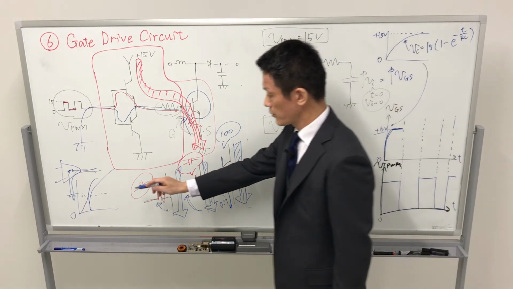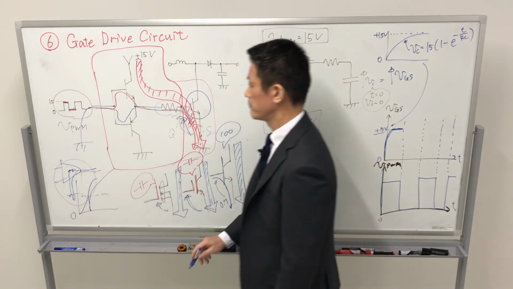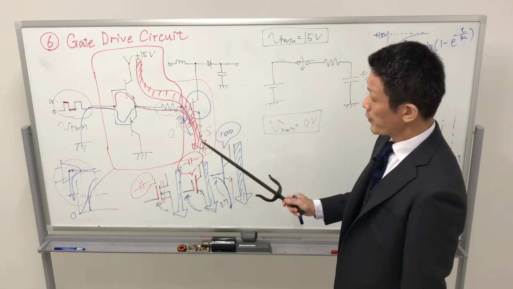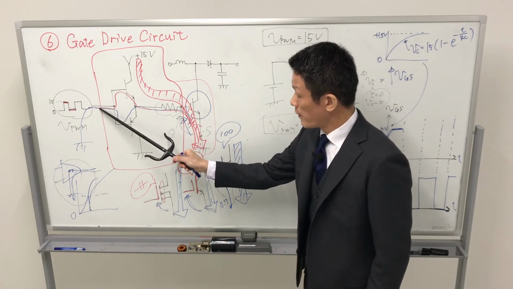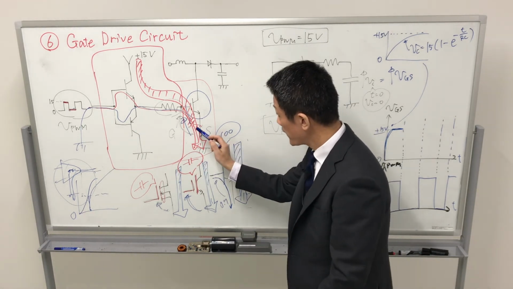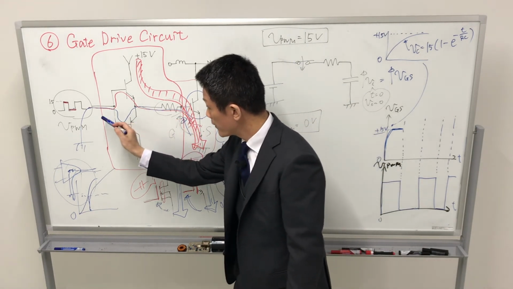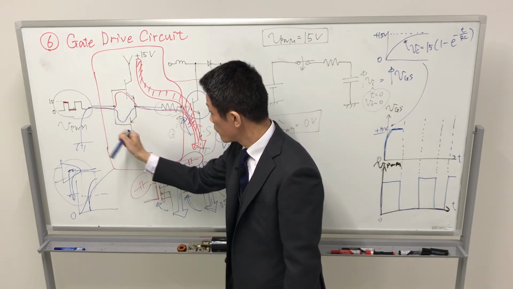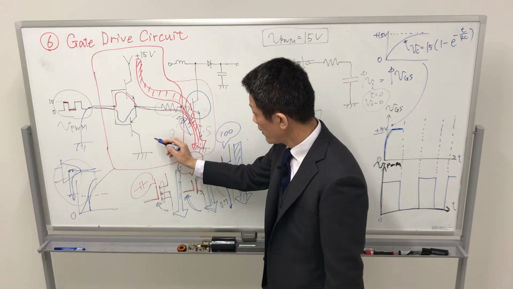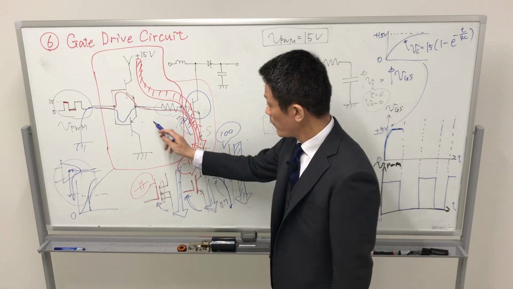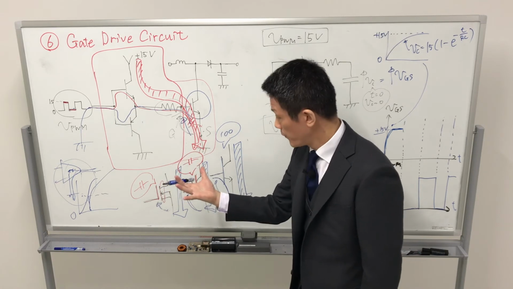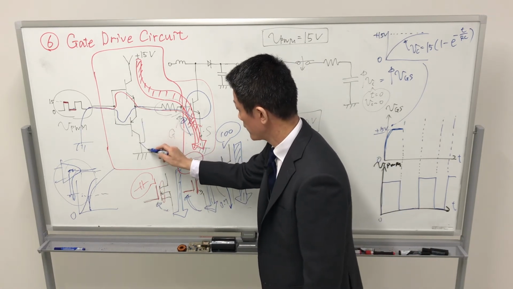This is not the essence, but the detail operation is here. But please consider this line is the ground side. So the current flows like this, and in case of the current flowing through the PN junction, the high current flows through here.